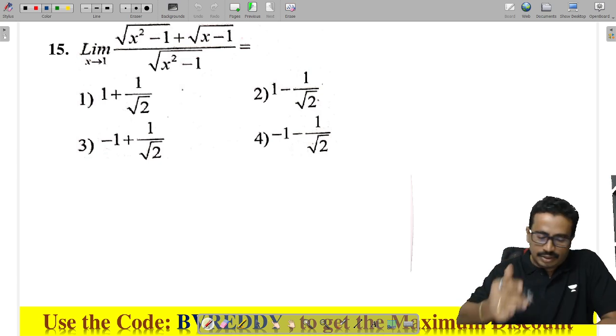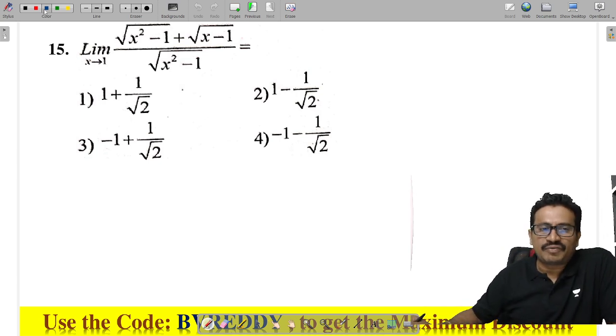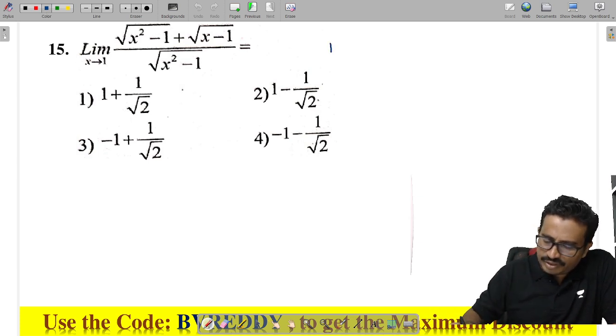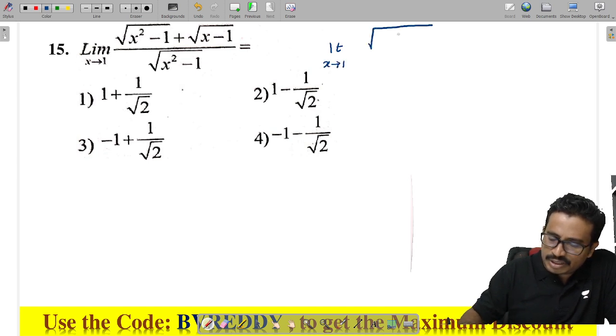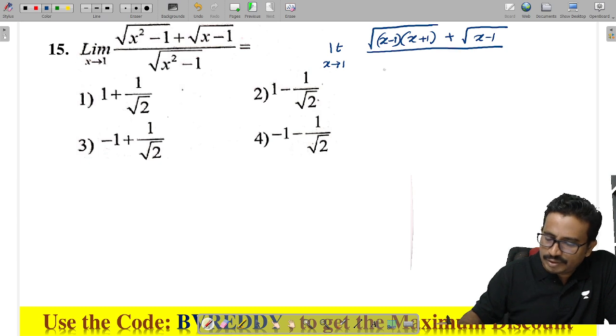Next. Now you see this problem. If I substitute the values directly, we will get 0 by 0 form. So let us simplify this equation a little further. X tends to 1, which we can say as square root of x minus 1 into x plus 1. I can remodify this as x plus 1 plus square root of x minus 1, by square root of x minus 1 into x plus 1.